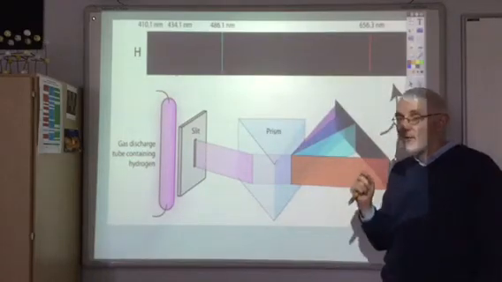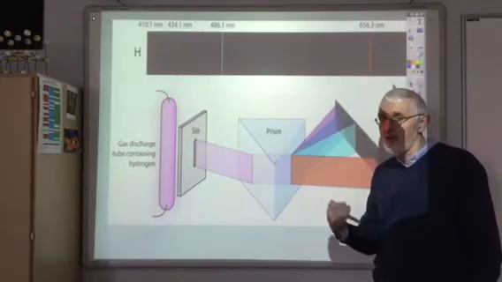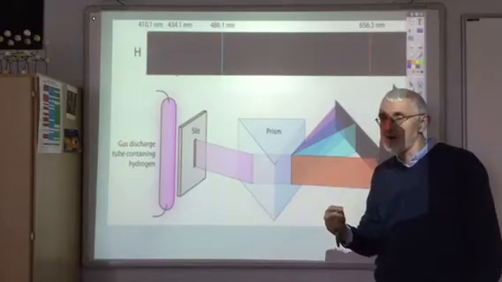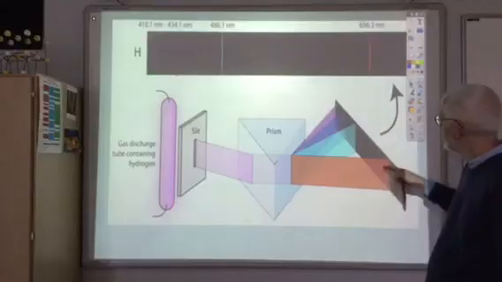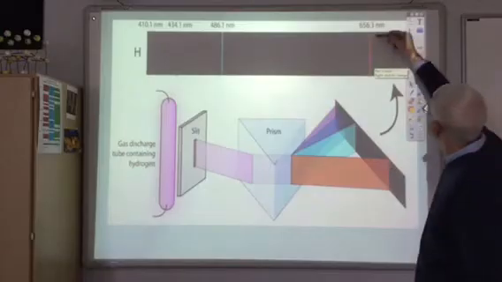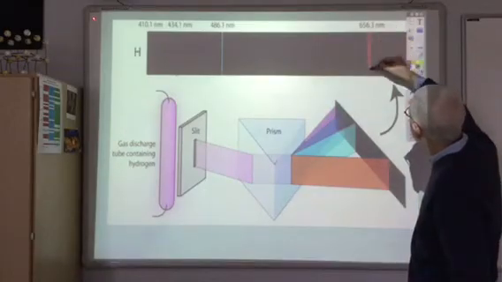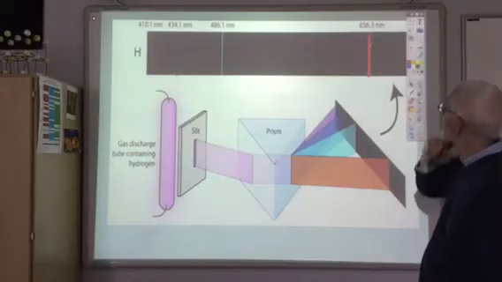And there's 4 different wavelengths of light given off by hydrogen. So 4 wavelengths that are in the visible spectra. There's other wavelengths that are ultraviolet and infrared. So the longest wavelength, lowest energy, gives us a line of red light at about 656 nanometers.